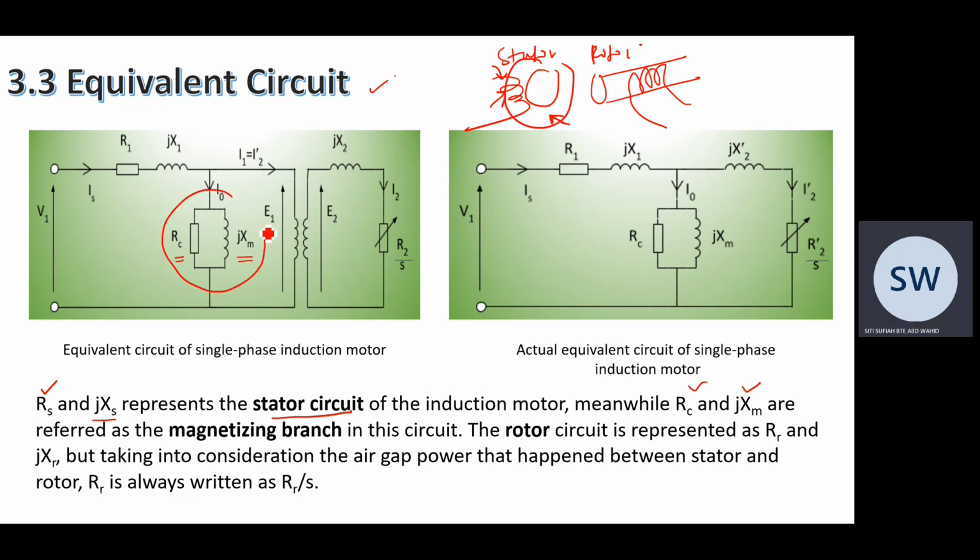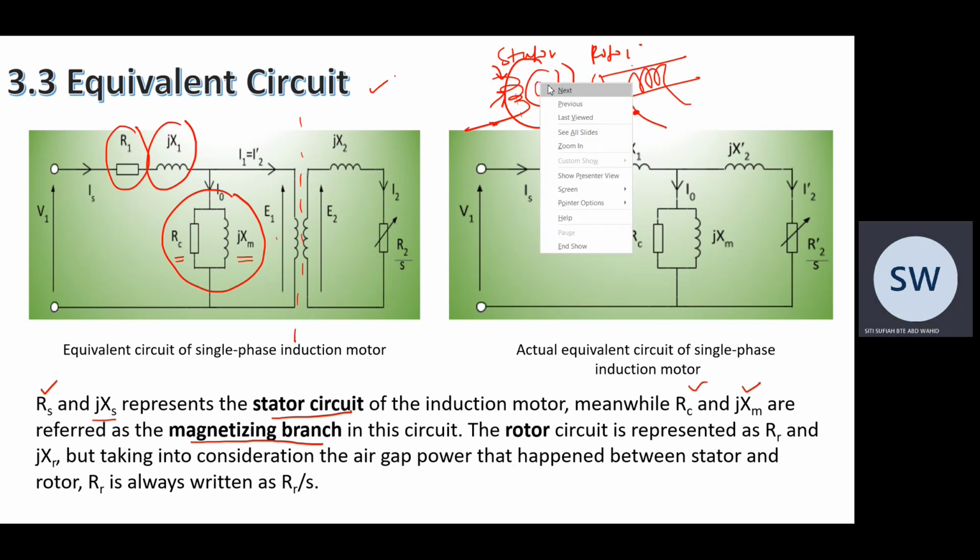So this branch we call the magnetizing branch. As you can see, the stator and rotor are not connected, because this winding is not physically connected with that winding. The rotor is just placed inside the stator. They are not connected.